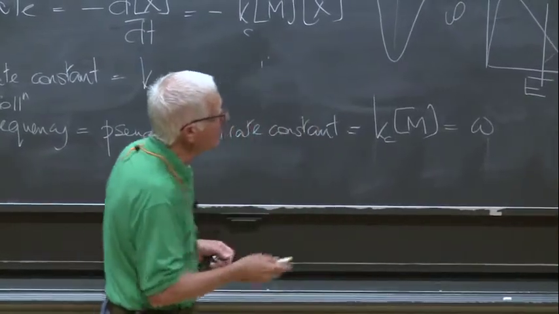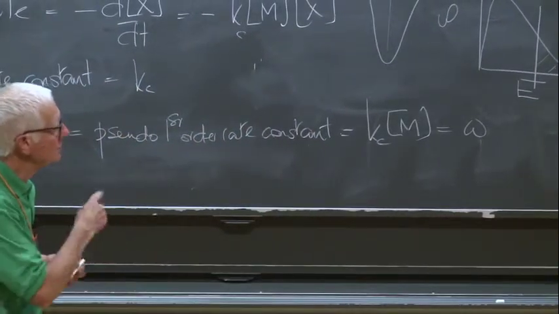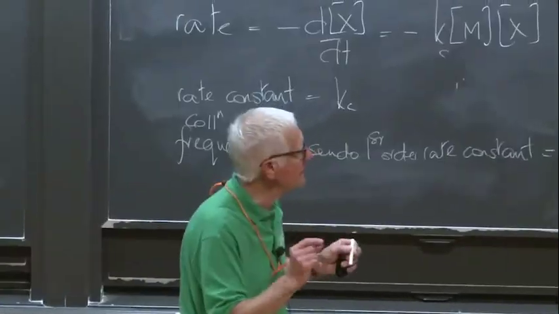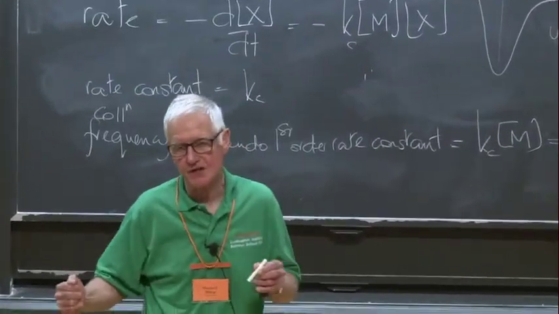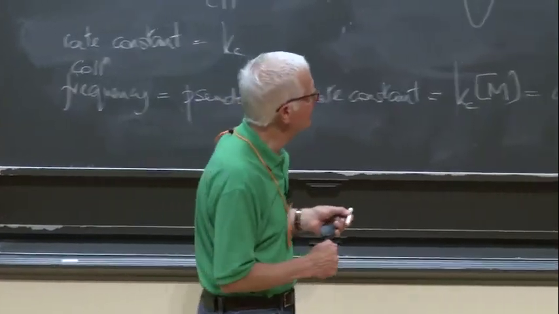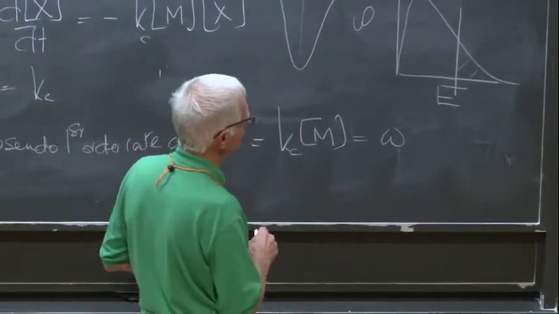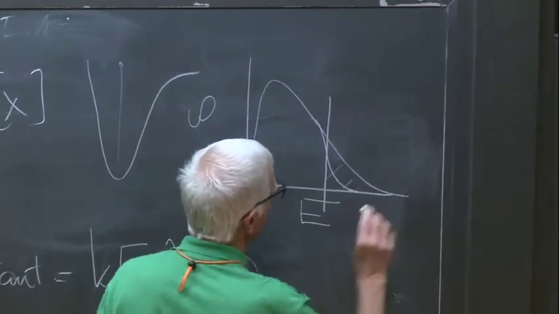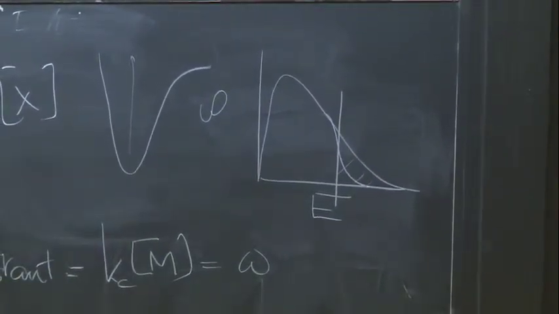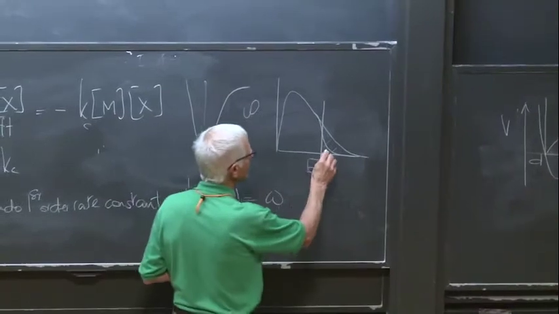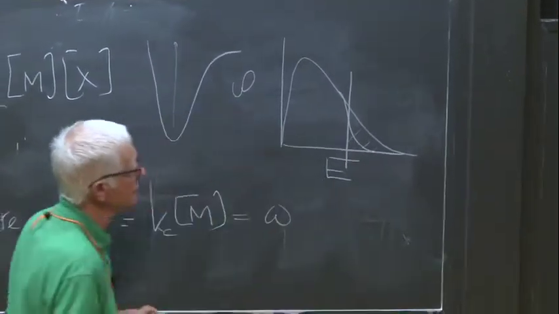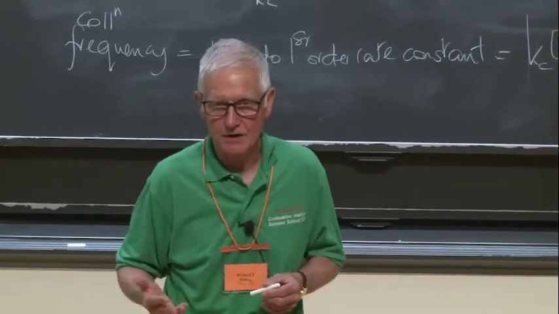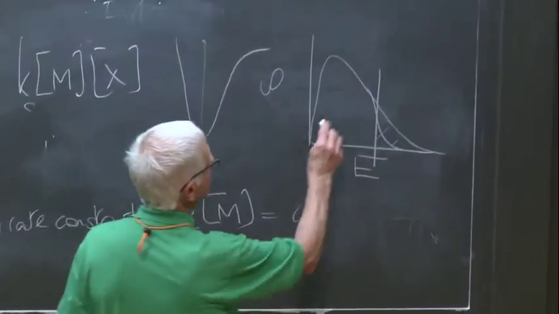As we go down in pressure, then collisions occur less frequently, and there's an increasing competition between dissociation and activation and stabilization. And so this distribution here changes and might begin to look something like that. And so there are fewer molecules above the dissociation limit, and so the rate constant for dissociation is obviously smaller. But there is a steady state.